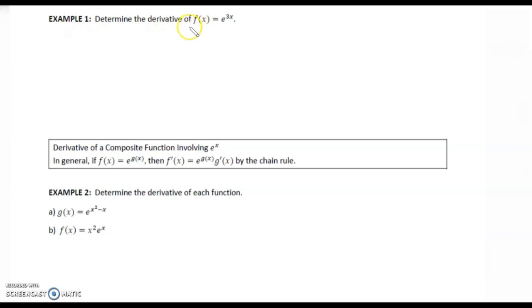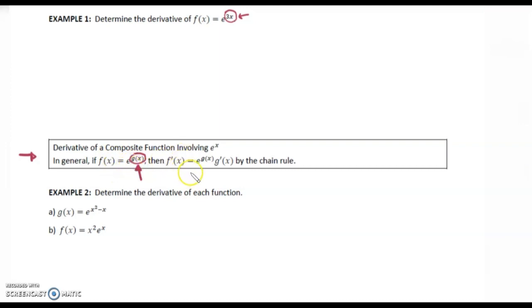Example 1, determine the derivative of f(x) = e^(3x). This is a little bit different because in the exponent, it's no longer just x. We're now talking about a composite function. So if we take a look at this box, the derivative of a composite function involving e^x: in general, if f(x) = e^(g(x)), then this is no longer x, it's actually a function.